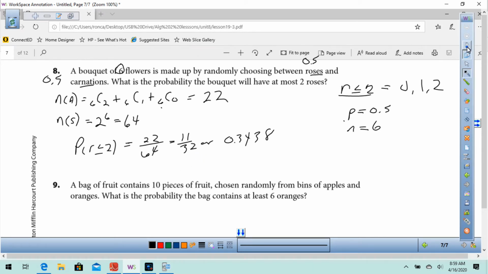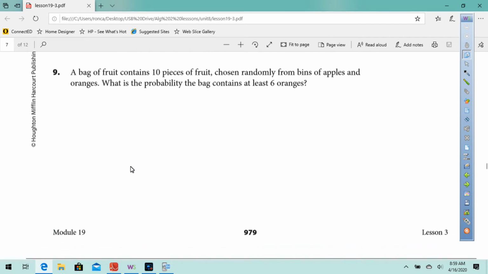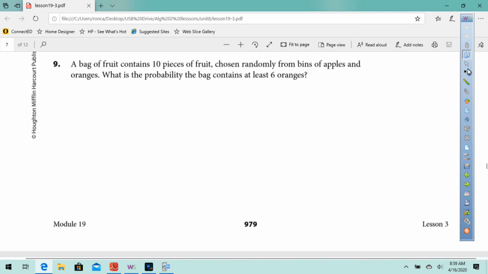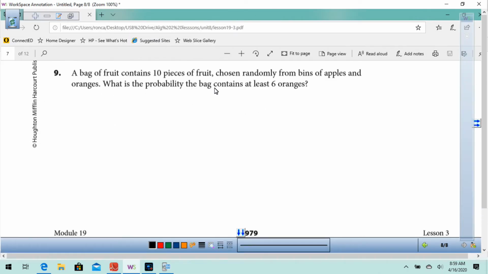So number 9, a bag of fruit contains 10 pieces of fruit chosen randomly from bins of apples and oranges. What is the probability the bag will contain at least 6 oranges?